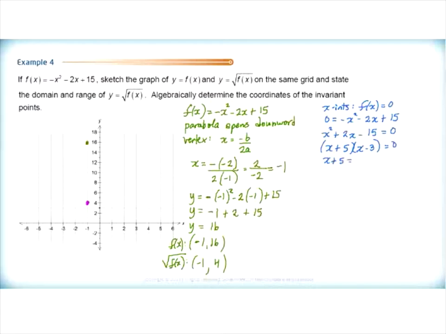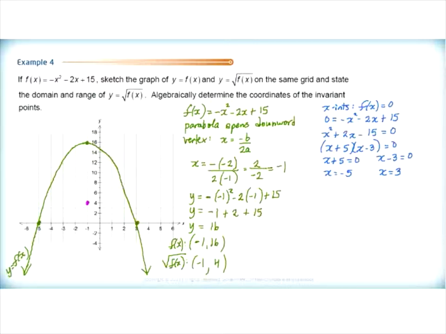So one x-intercept will occur at x equals -5, and the other x-intercept occurs when x is equal to 3. To represent that on the graph, we have -5 and a positive 3. And now we could sketch the graph of the original function. So that represents the graph of y equals f of x.